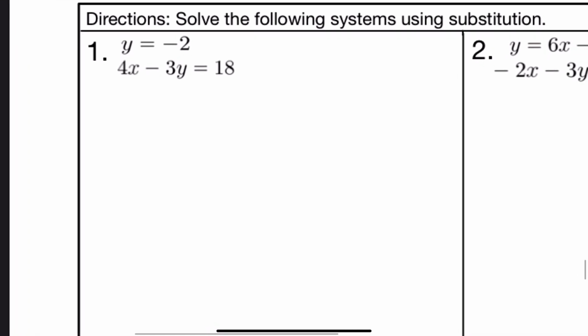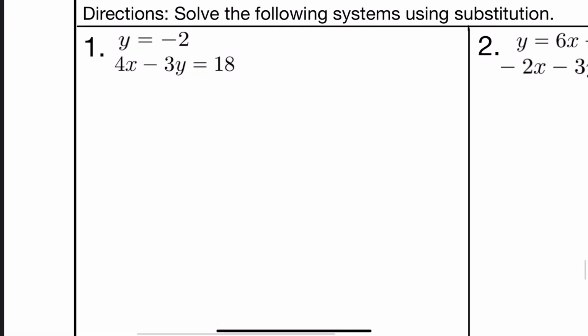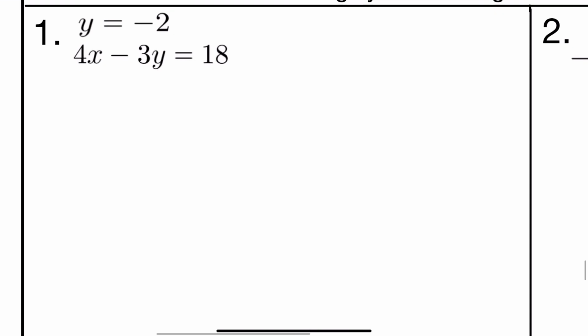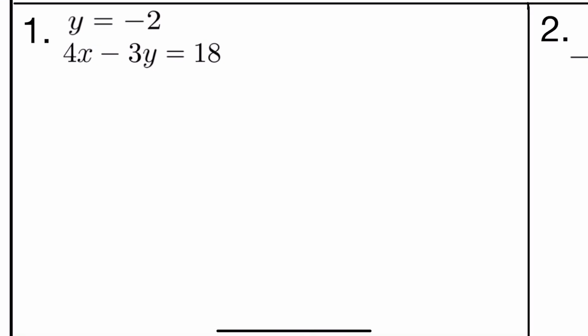Okay, directions say, solve the following systems by using substitution. All right, so let's see what we got. All right, following the same steps that we did last time, we want to find y equals first. Okay, well, y equals a negative 2. Cool. All right, next step was to substitute.